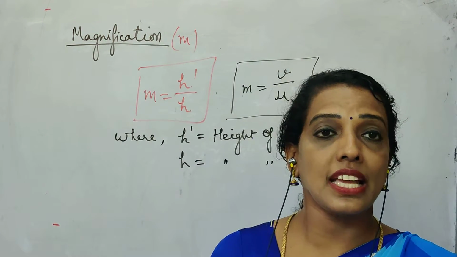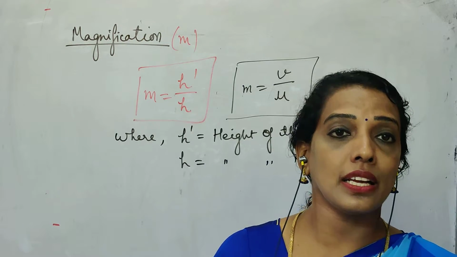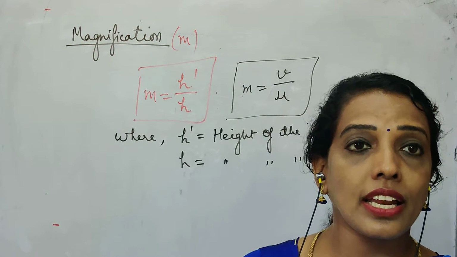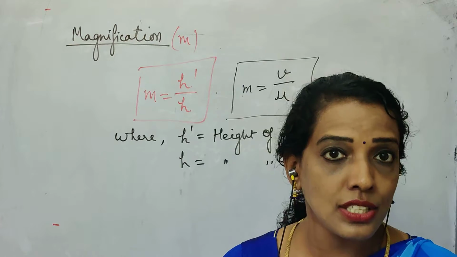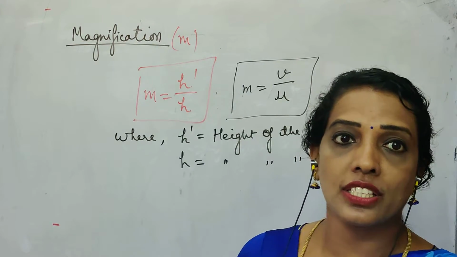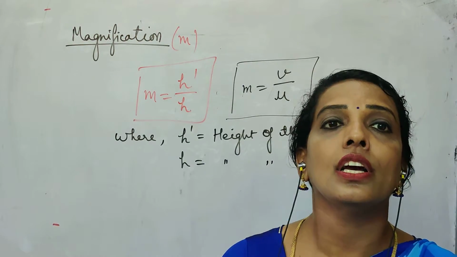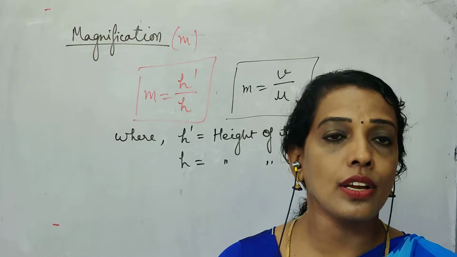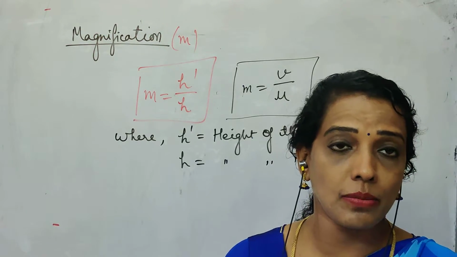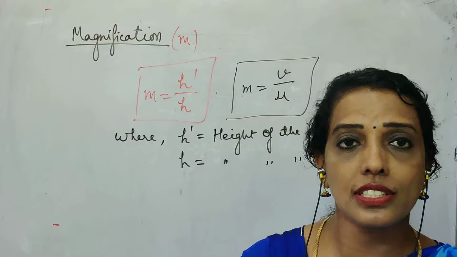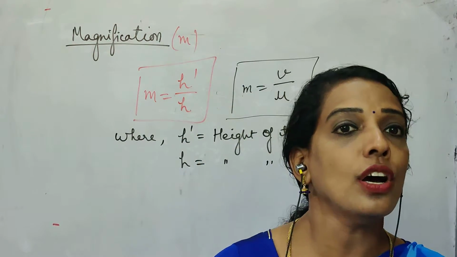It depends upon the numerical which is given. Suppose in the numerical they are considering the distance of the object or the distance of the image, or they are giving the height of the image or the height of the object, whatever is given, on that basis we'll use the formula.